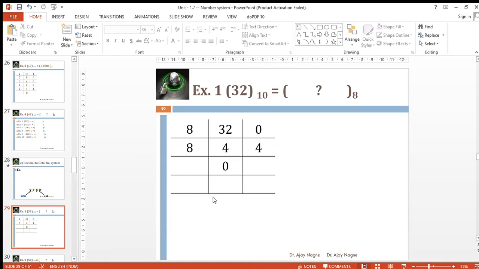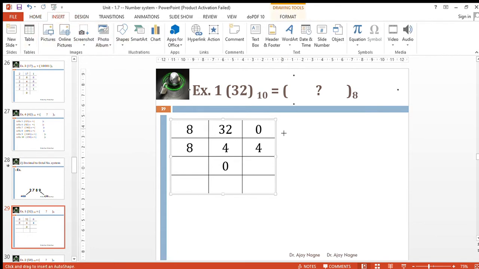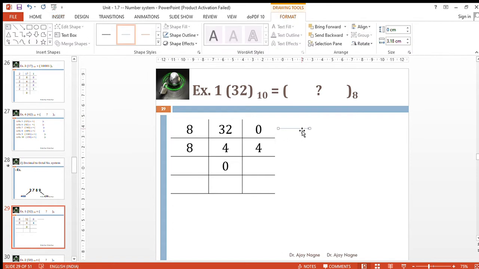Now what to do after this? Which number is this, 0 means which number?